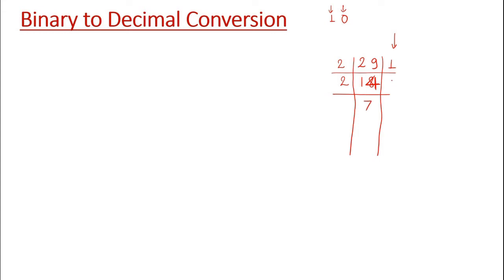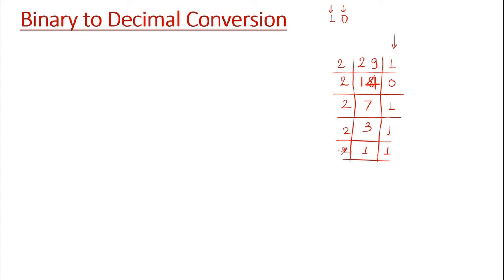So we get 7, the remainder is 0 this time. And let's divide 7 again by 2. So 2 threes are 6 and the remainder is 1. 2 ones are 2 and the remainder is 1. And now we divide it once again. So let's put 0 here and put 1 on this side because that is our final answer.